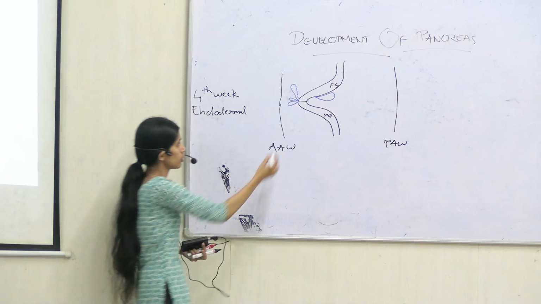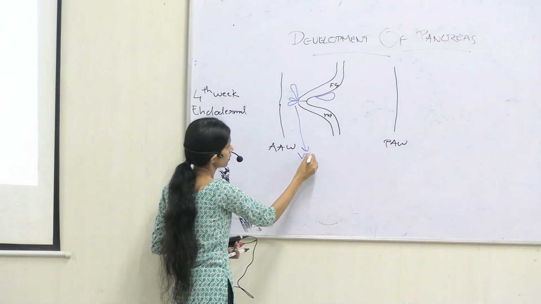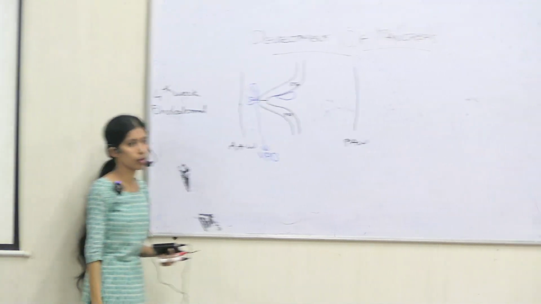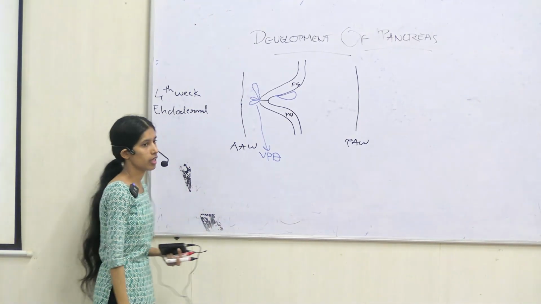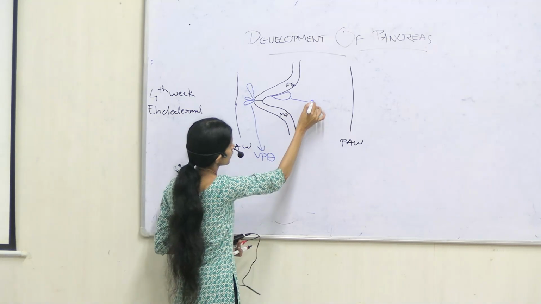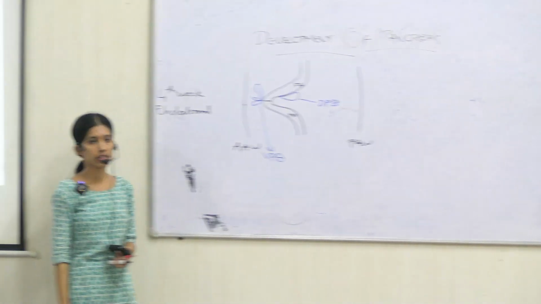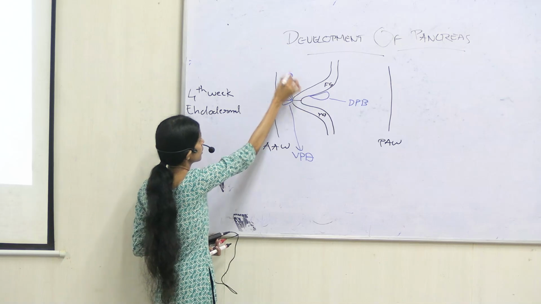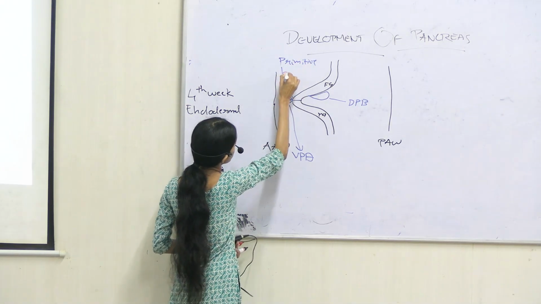Now this will become your ventral pancreatic bud, and this is your dorsal pancreatic bud. And this structure is the primitive bile duct.